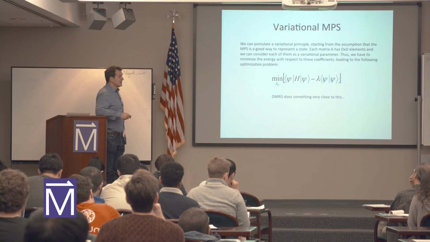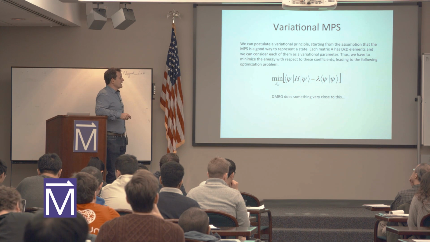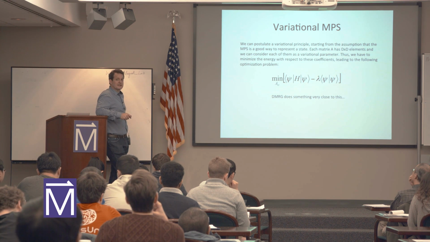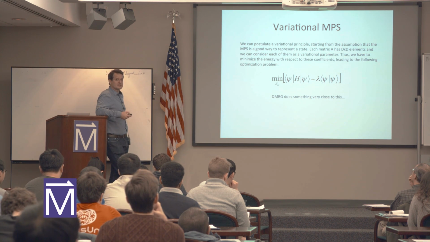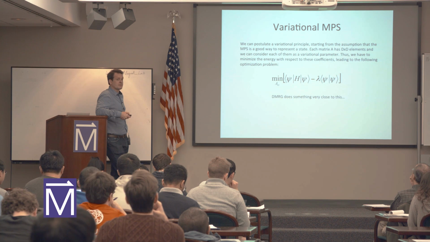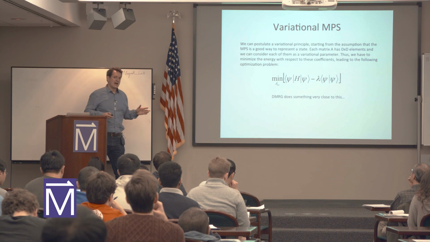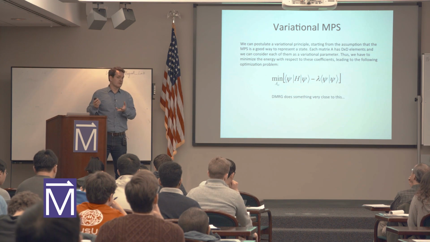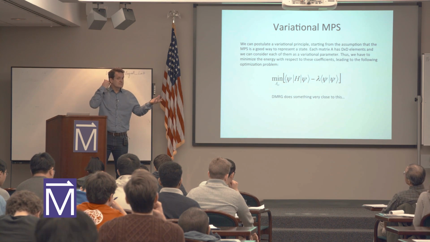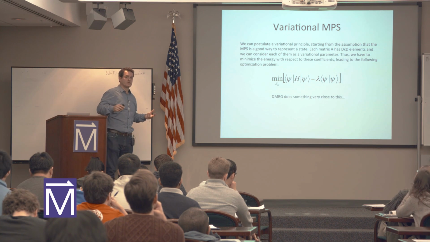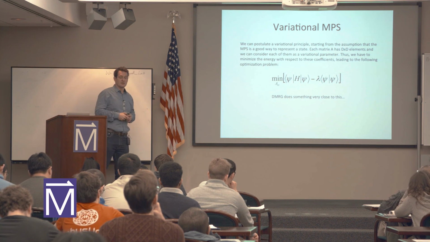You're minimizing the variational energy of that matrix product state, like this. In a way, that's the same as DMRG. So DMRG is optimizing your matrix product state, and whether you use a DMRG algorithm or an MPS-based algorithm, you'll get exactly the same result.